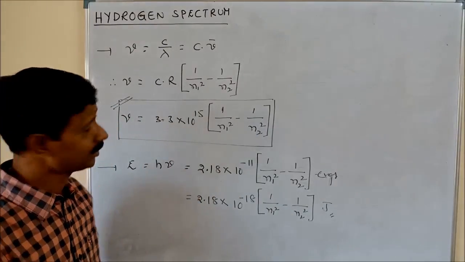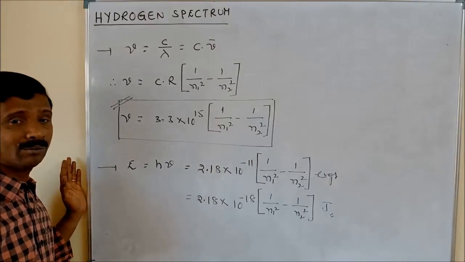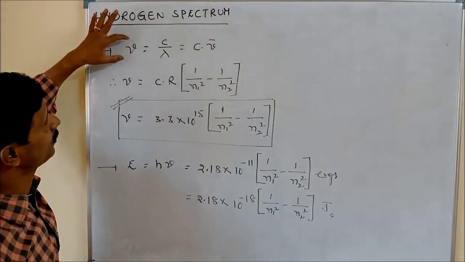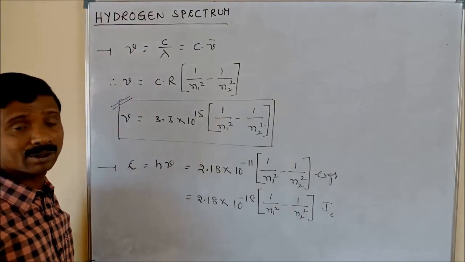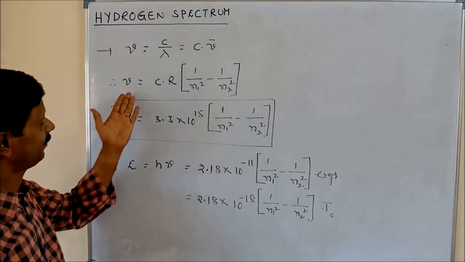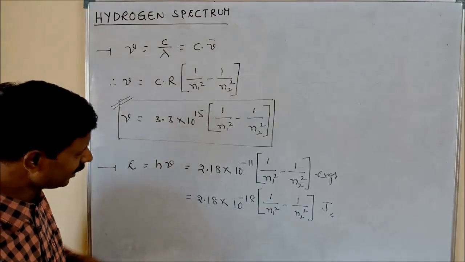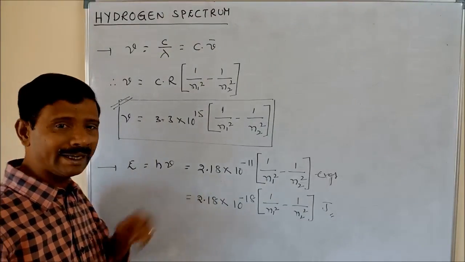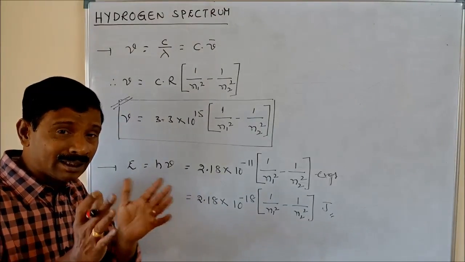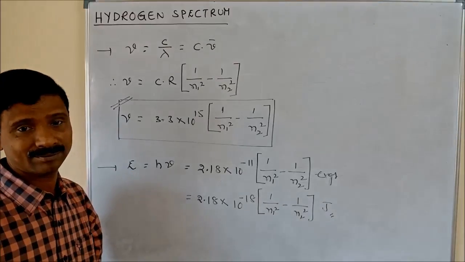So like this, with the help of the Balmer equation, we can find out not only wave number or wavelength, we can also calculate the frequency emitted or energy emitted. Of course, whatever energy is released is nothing but the energy difference between the two orbits.